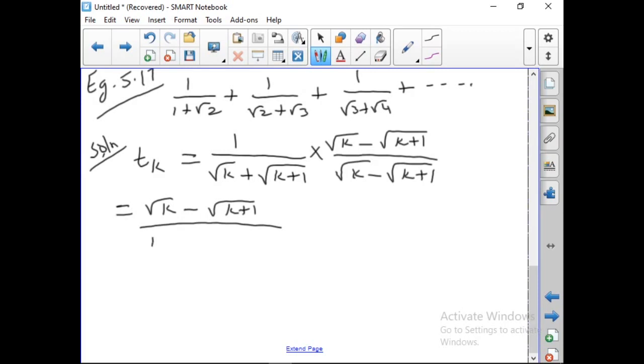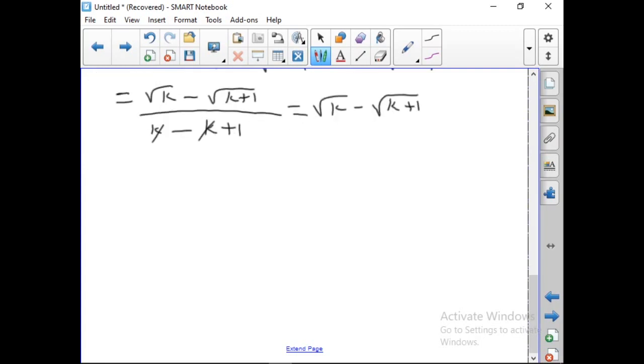Then a square is root k square which is k, minus root k plus 1 the whole square which is k plus 1. So finally what will you get? K gets cancelled. So you get root k minus root k plus 1. So Tk has come as two terms. So this root k is the first term and root k plus 1 will be the last term.